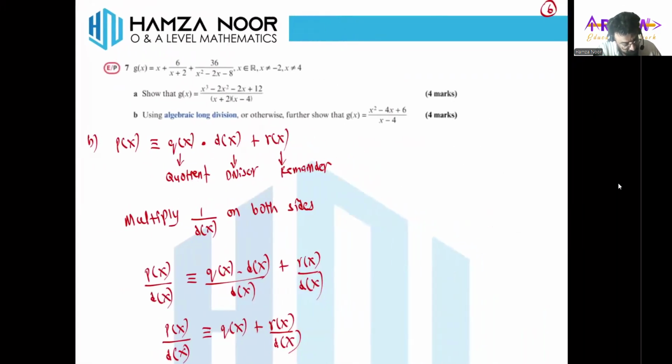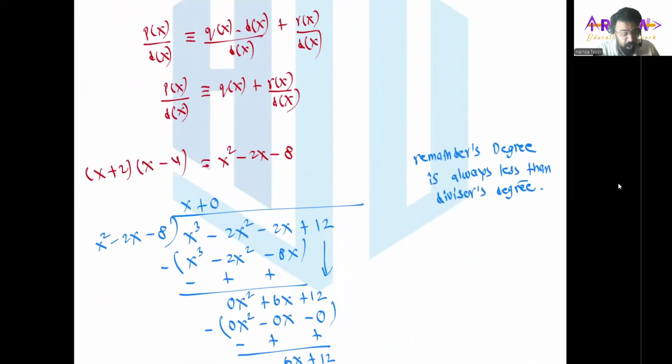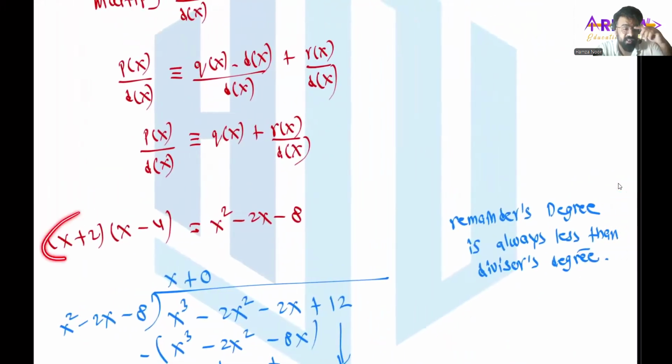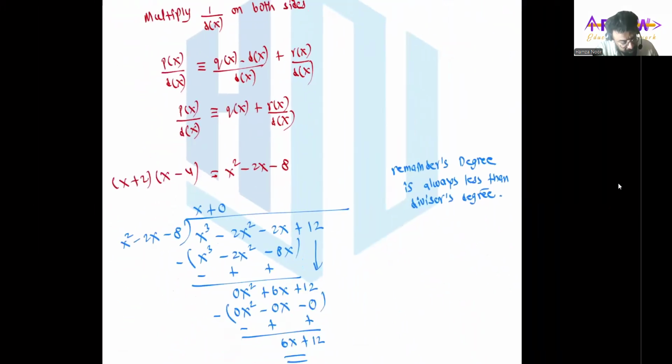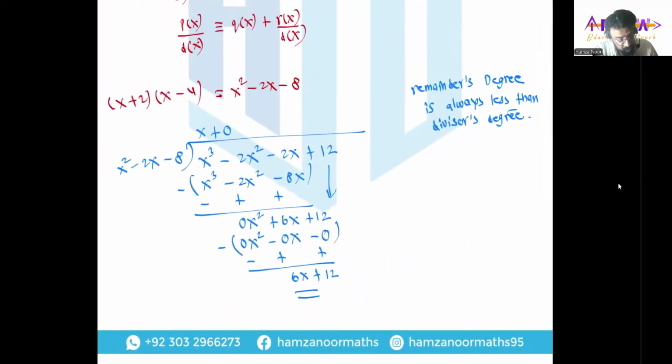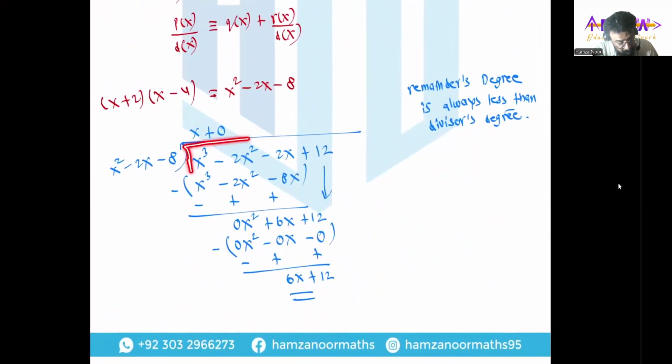I'm aware that the expanded form of x plus 2 into x minus 4 is x square minus 2x minus 8. I already used this fact in part A working as well. So I'm going to divide this cubic polynomial by this quadratic polynomial.